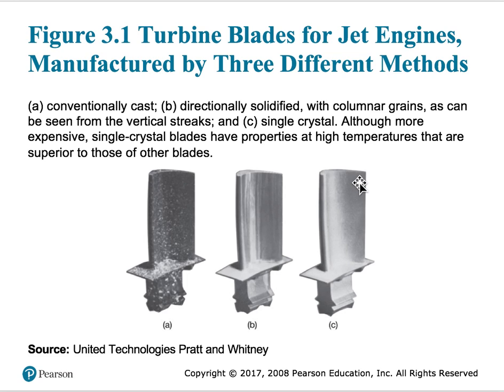And as I mentioned to you, the lesser the number of grains, the better the creep properties are. So if you have only one single grain or a couple of grains only, then those components, those blades are going to last you a long time.